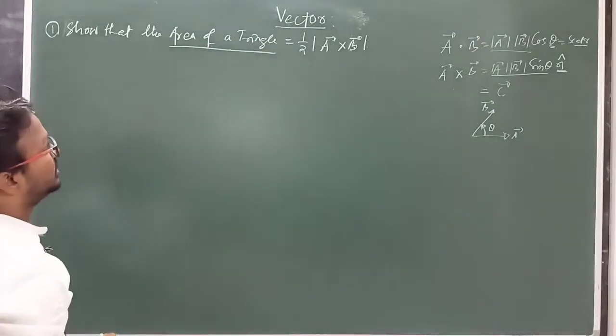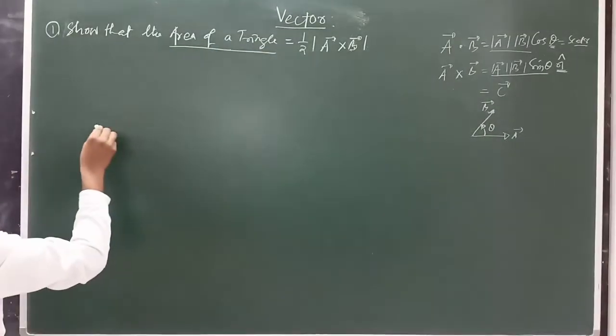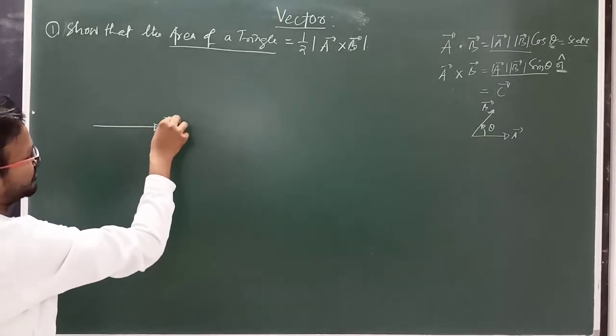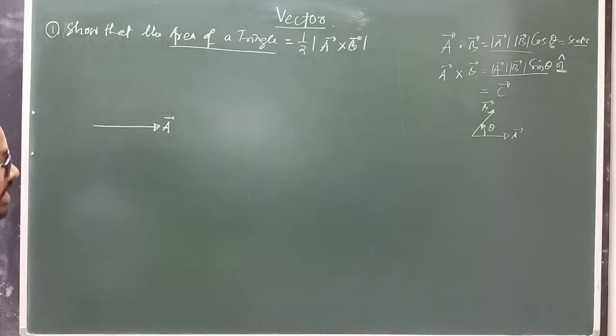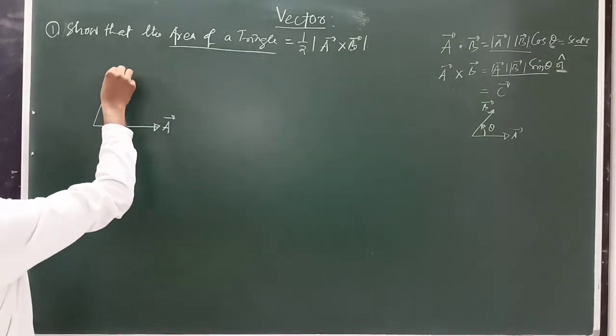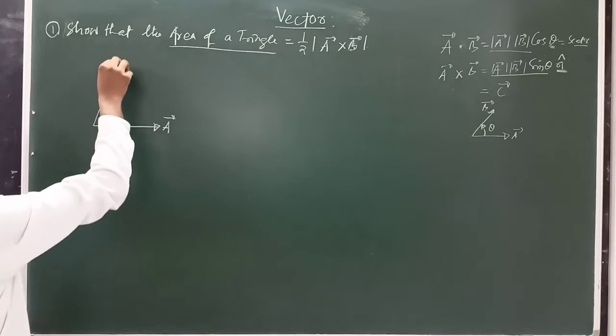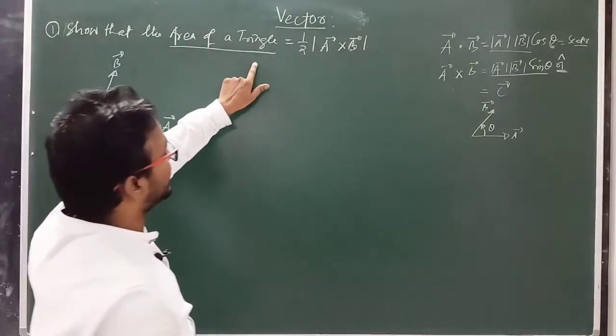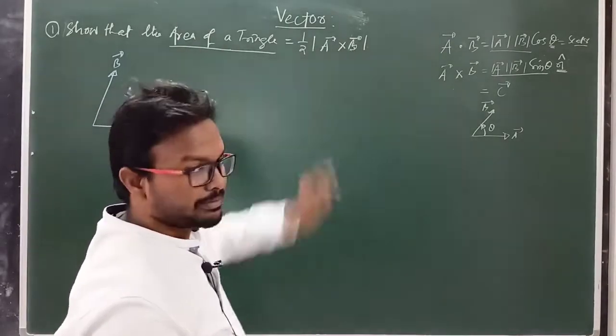Clear? So in this case, suppose there are two vectors a and b. This is vector a, and the second one is vector b here. Clear? Okay. So in this case we have to find the area of the triangle where a cross b.